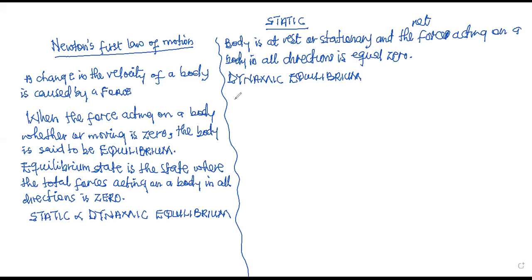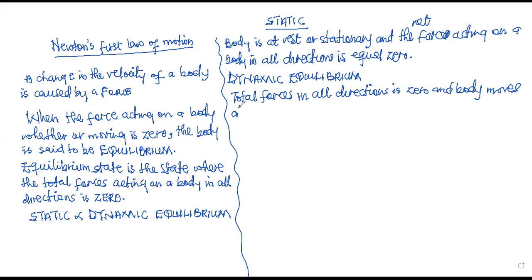So in dynamic equilibrium, total forces in all directions is zero, and the body moves at a constant velocity.